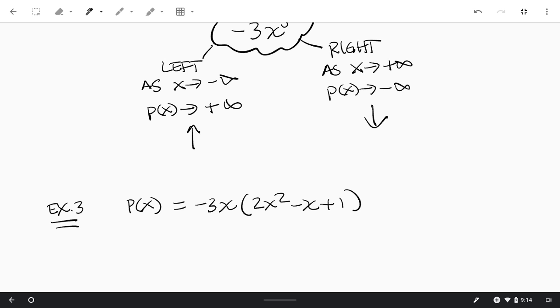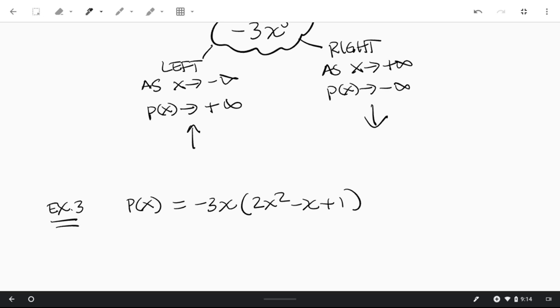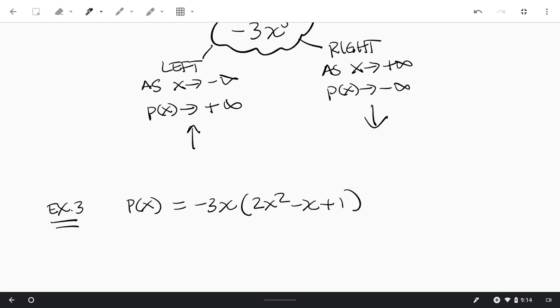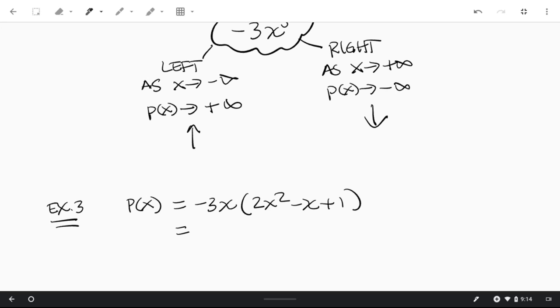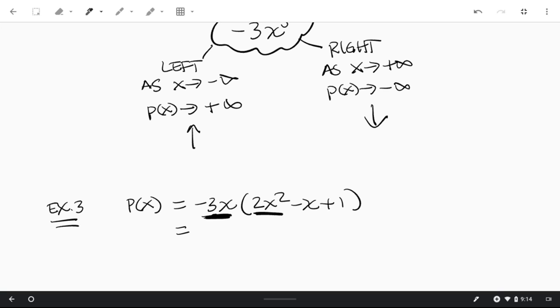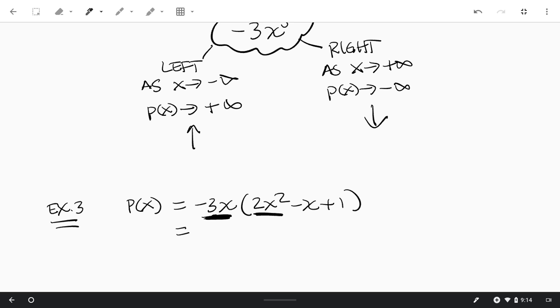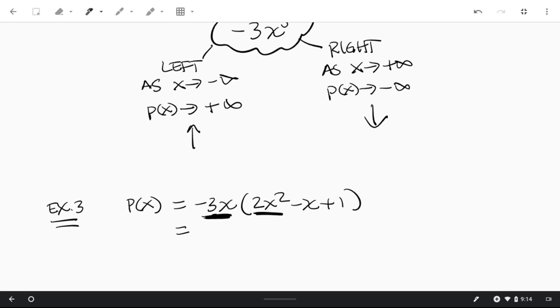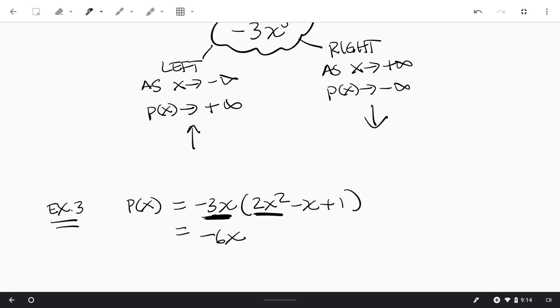This one, we have these parentheses, and the other ones we did not. So what you want to do is definitely multiply this out. It's just a monomial. It doesn't take too much work. In reality, you really only need to do this one and the leading term. So we get negative 6x to the third.